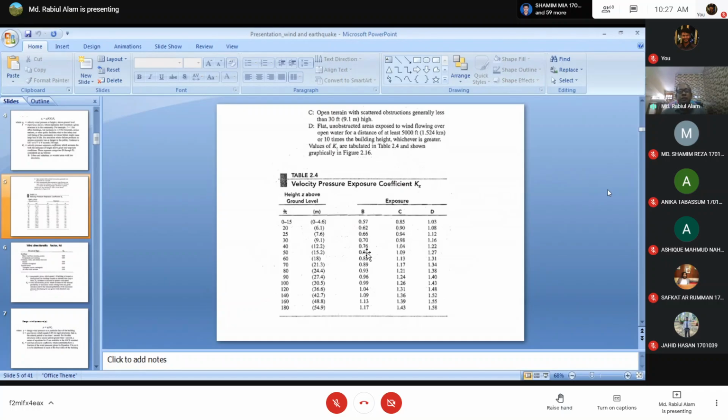It's gradually increasing. Okay, so along the structure or along the building height, the equivalent static wind pressure will vary, not constant, due to the exposure and height coefficient.